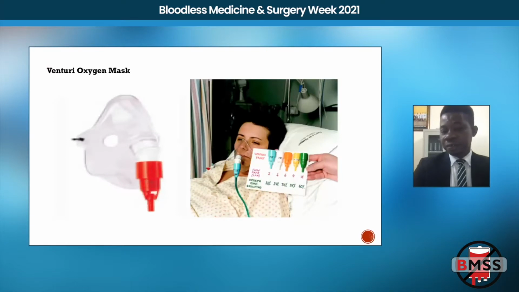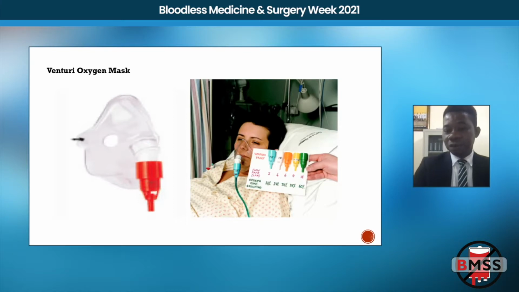Then the venturi oxygen mask is designed in such a way that it can deliver a particular percent of oxygen. For example, if you look at the diagram there, the green color code can give you 24%, and the dark green can give you up to 60%. It depends on the environment.